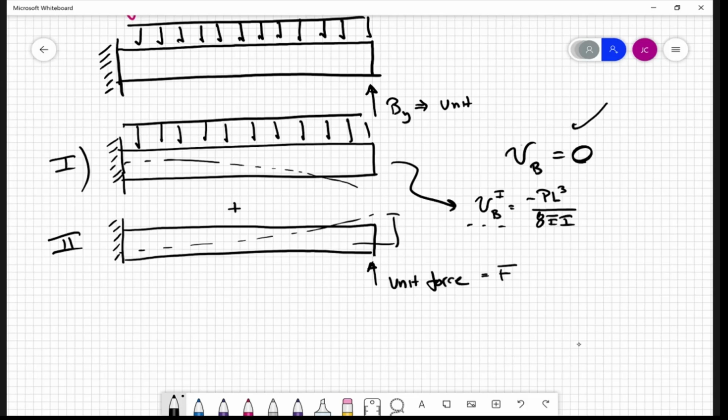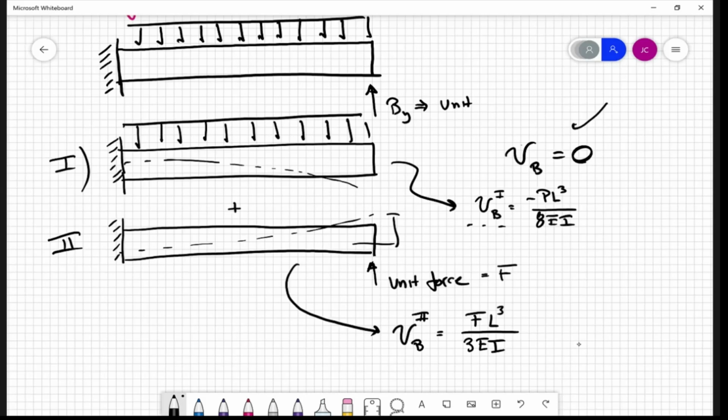Now if we look at the load case with the point load, the deflection at A, I say B, all right, A. B, due to load case 2, if you look this up in the beam table, this is going to be FL cubed over 3EI. And I dropped the minus sign because the force is going up, and that means it's going to flip it up.